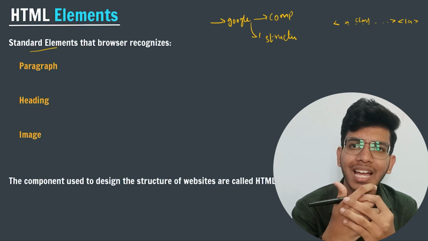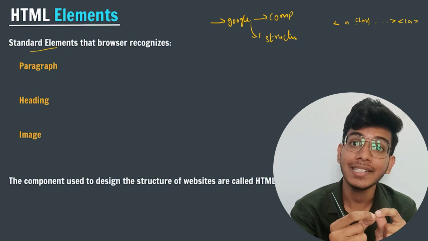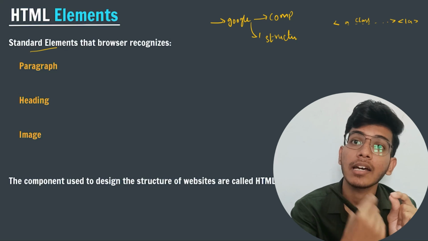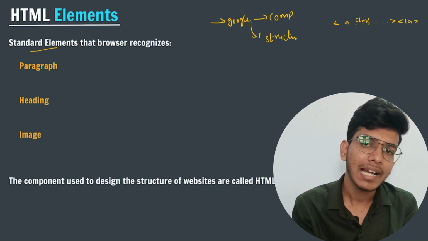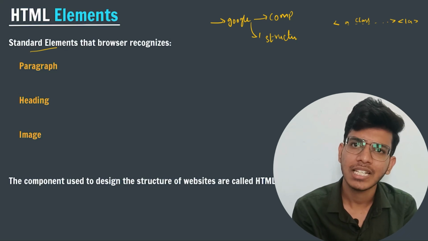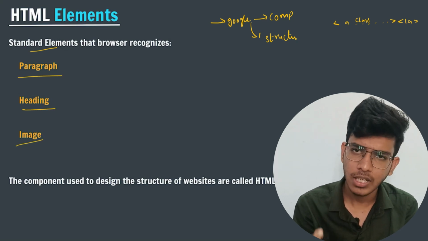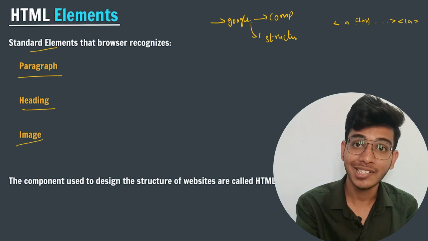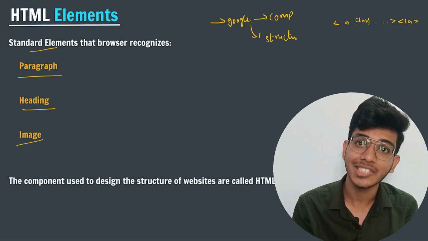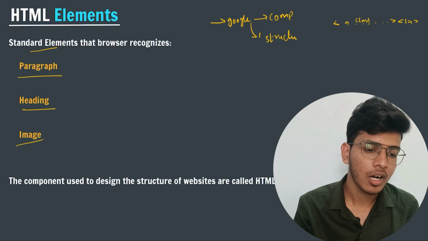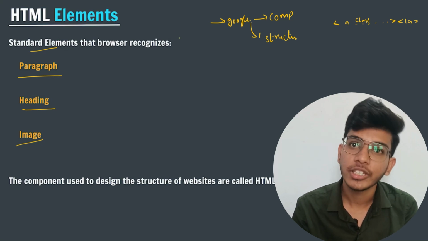We have different elements, and the elements in HTML are represented by tags. There are some standard elements in HTML like the paragraph tag, heading tag, and image tag. These elements can be implemented using HTML tags.